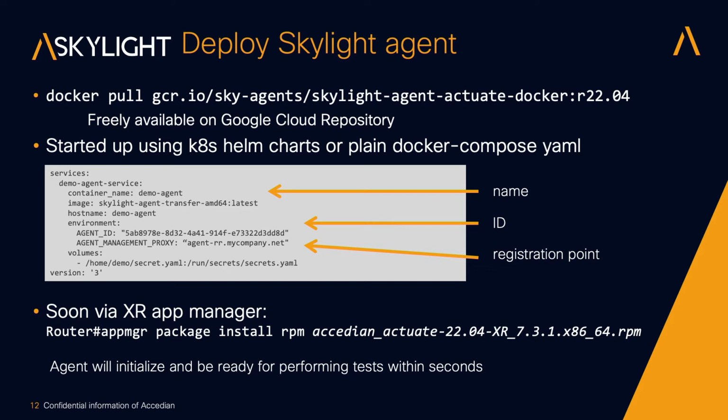We're soon also going to allow installation through Cisco's XR App Manager. So this is a feature within IOS XR that allows you to control third-party applications directly from the CLI. And this also gives you the possibility to use NETCONF YANG to actually execute the package install and package activation of an agent like this.